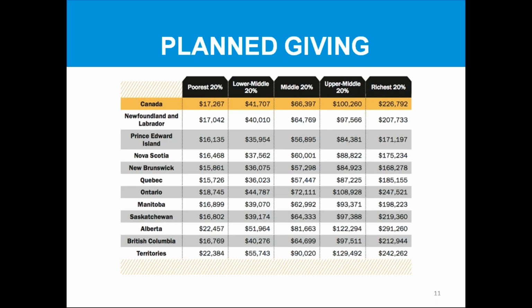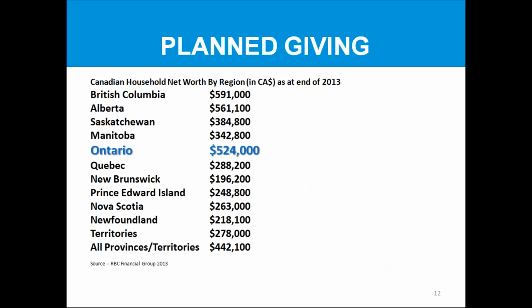And so even though people may be on a fixed income and look like they're the poorest 20%, they might have assets, so they can be cash poor and asset rich. Because we want to answer that question in the back of their minds of who our donors are going to be, who they are going to be talking to, and we don't want our representatives going out and upsetting people.